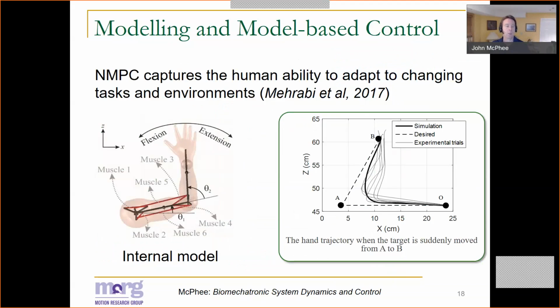This is work from a few years ago in which a musculoskeletal model of the human arm driven by 6 different muscle groups is trying to reach to an object which is initially at A, the hand is at O, but partway through the reaching to point A, the target is shifted to a new point B. You can see the results from experiments as well as a simulation using an MPC, where there's very good qualitative agreement between what the human does and what the NMPC predicts the human is going to do.